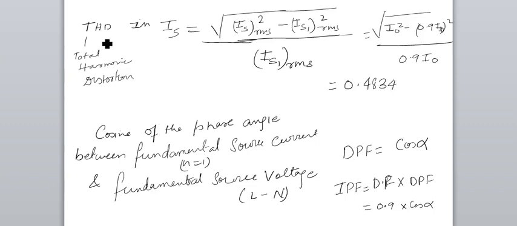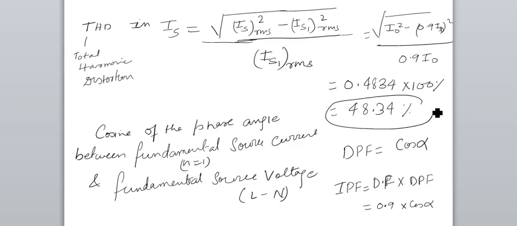Because total harmonic distortion is always calculated in percentage, multiply this by 100%. So you'll get 48.34%. So this is my total harmonic distortion.